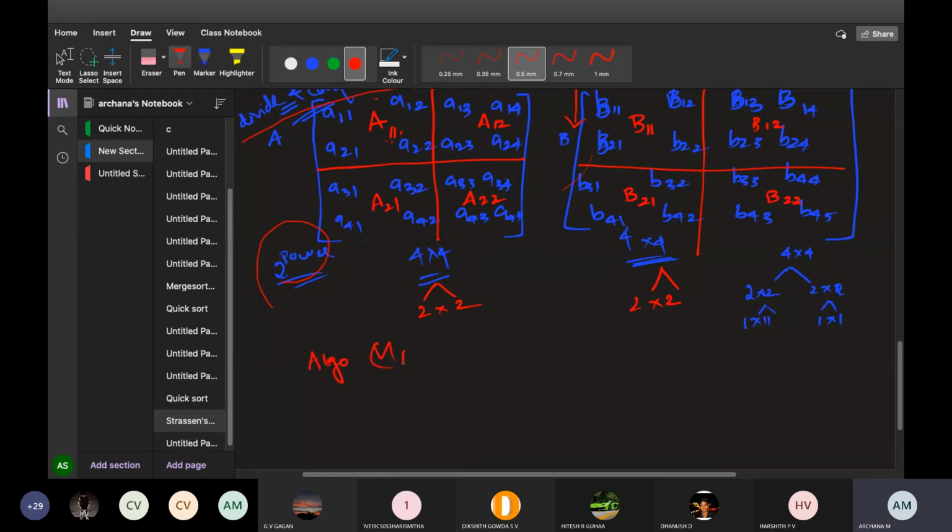Algorithm of matrix multiplication A, comma, B, comma, n number of elements. If n is less than or equal to 2, it will be a 2 cross 2 matrix.